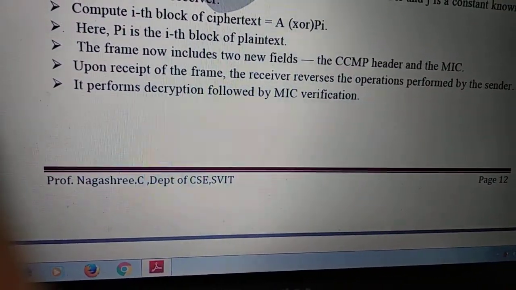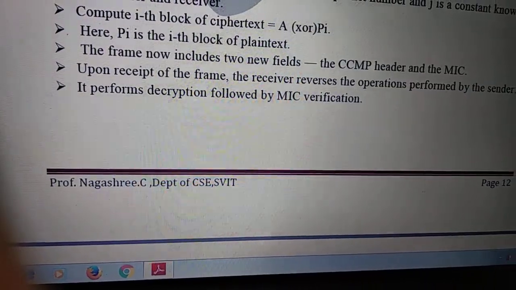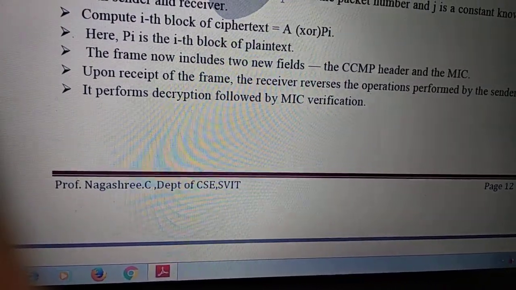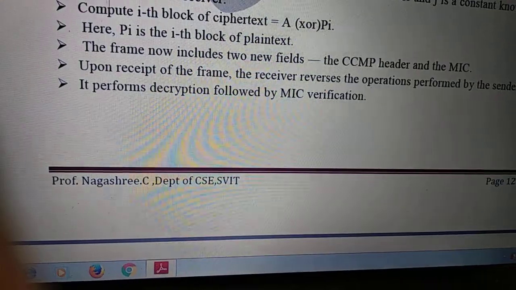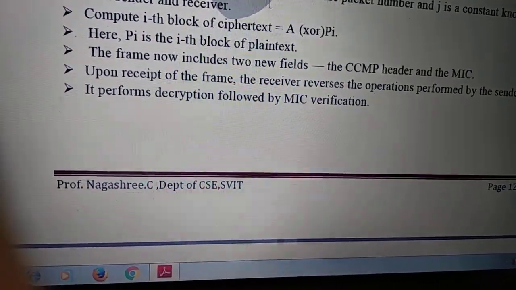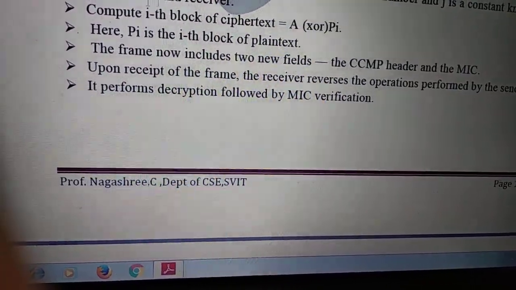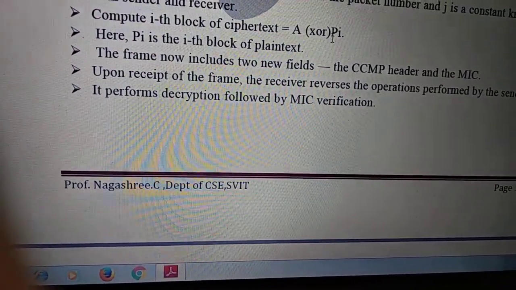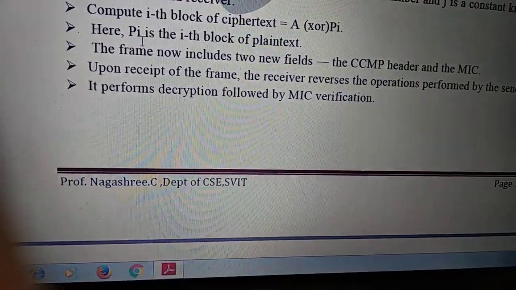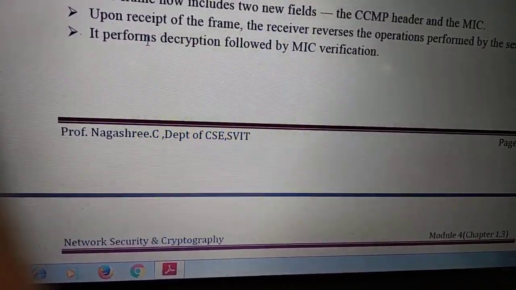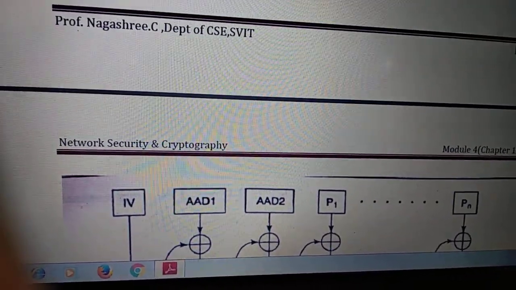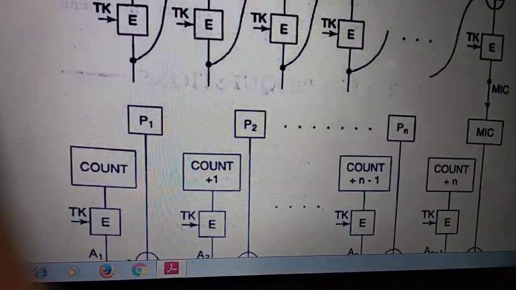Here we compute the AES encryption with the temporal key of the plain text i into j, where j is some constant, and PN is the packet number. Now the ith block cipher text is XORed with Pi, the plain text block, right? The same thing will be done at the receiver.